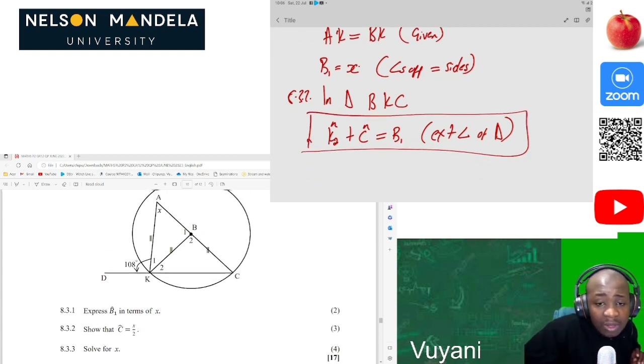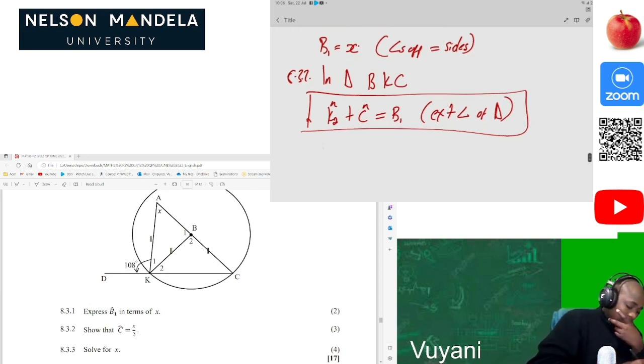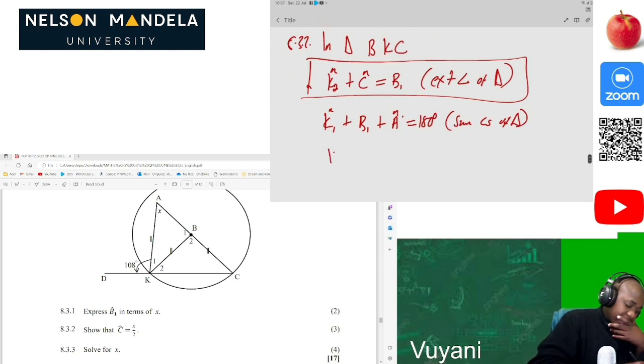Now that we know that this one is X and X, we can say that K1 plus B1 plus angle A is equal to 180 degrees, sum of angles of a triangle. Then K1 is equal to 180 degrees minus 2x. Why? This is X plus X. So now we have K1.